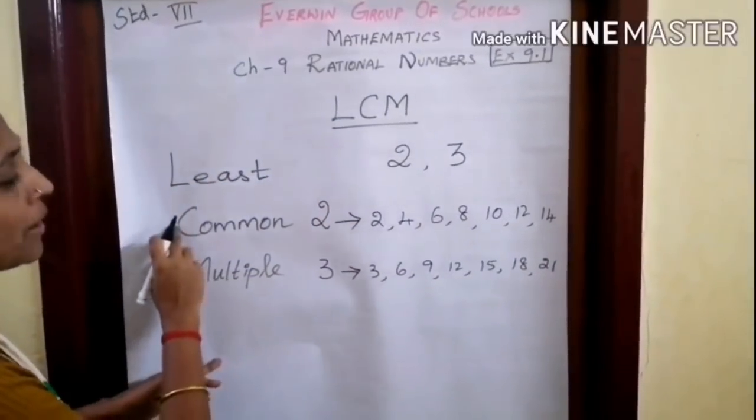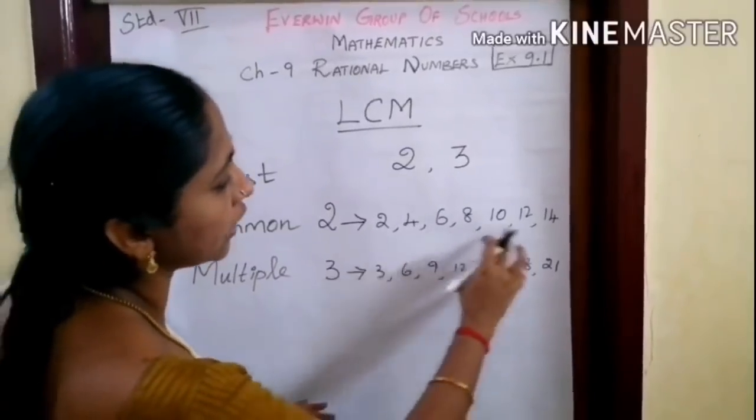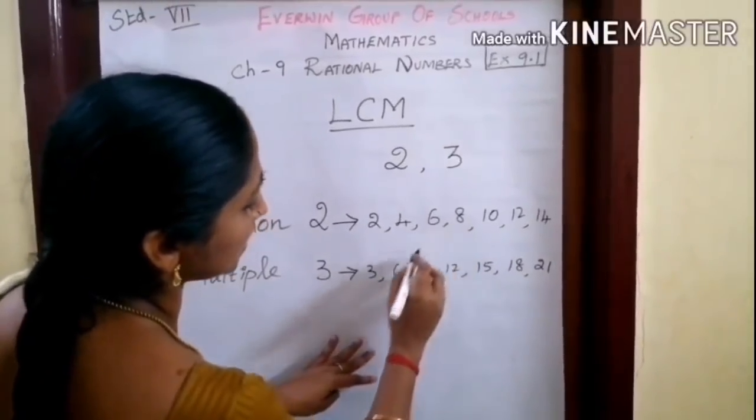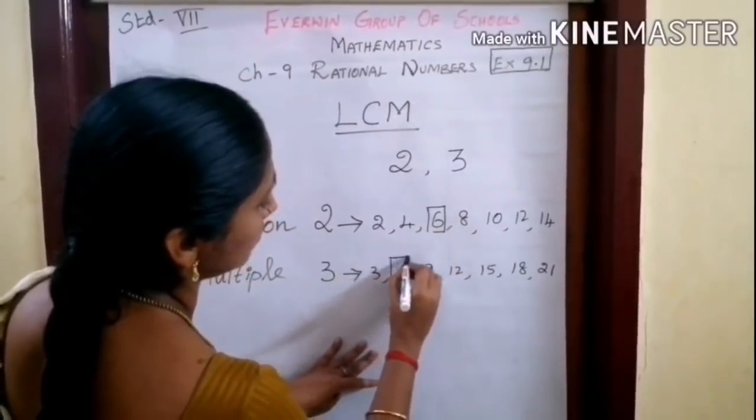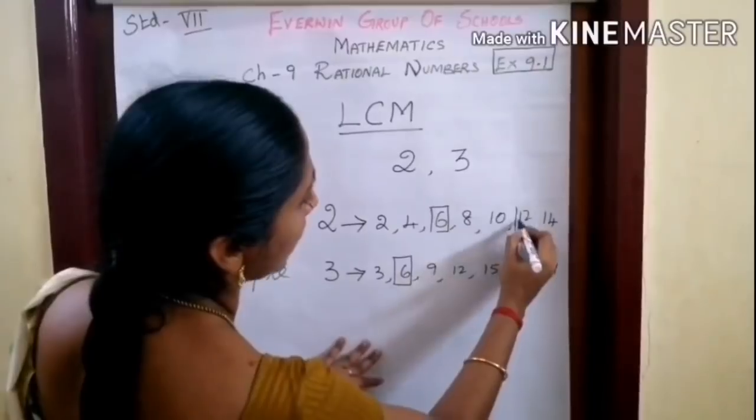Next word is common. Next I am going to find the common numbers. So 6 is common. Next, 12 is common.